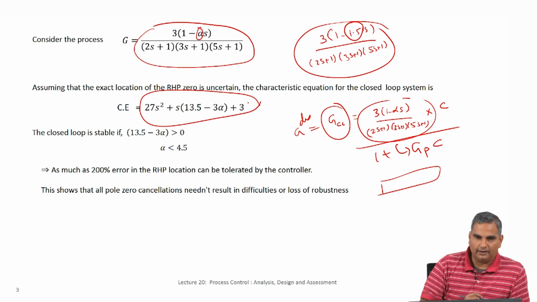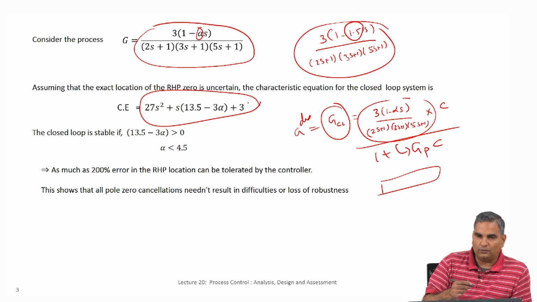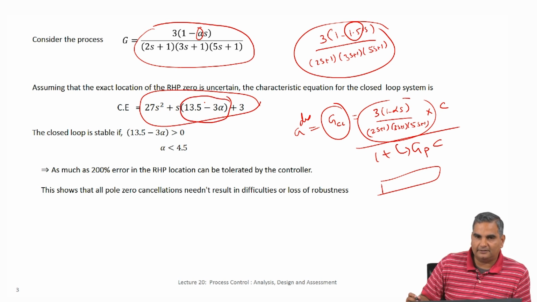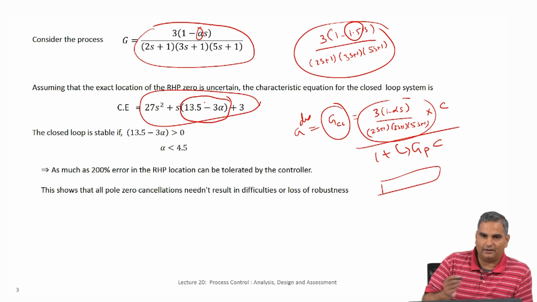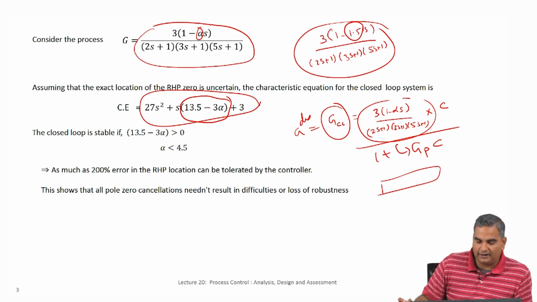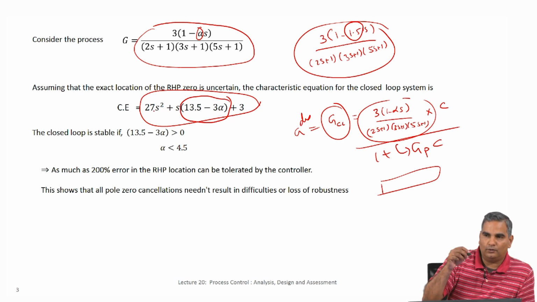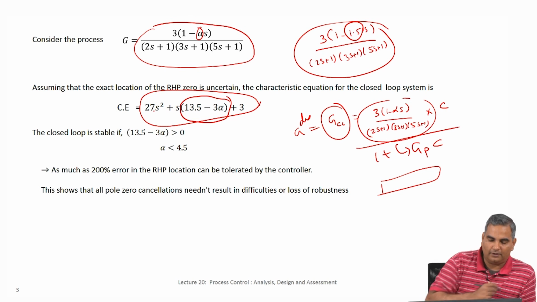Now, this is a quadratic, and you know the quadratic root is minus b plus or minus root of b squared minus 4ac by 2a, and if a is positive, this b term is the only thing that decides the location in terms of right half plane or left half plane, and in this case in fact if this 13.5 minus 3 alpha is greater than 0, then we can guarantee that all the roots of this quadratic are in the left half plane, because this 27 is positive. So, b by 2a is positive. So, the roots will be minus b by 2a. So, that will be in the left half plane.